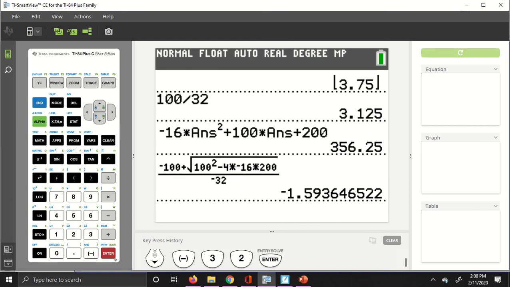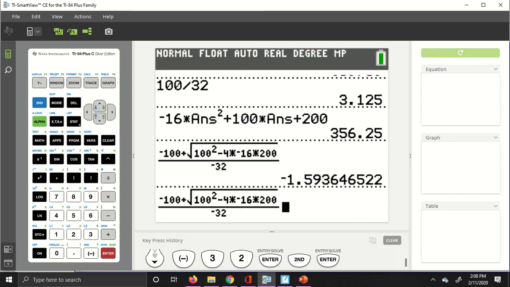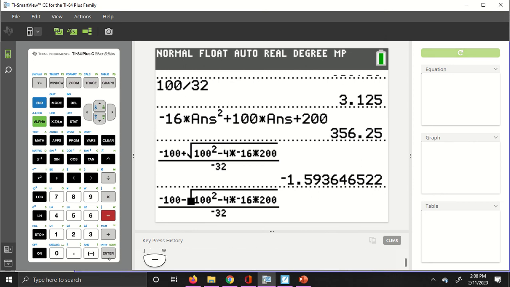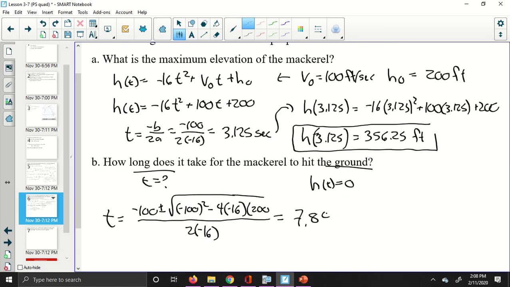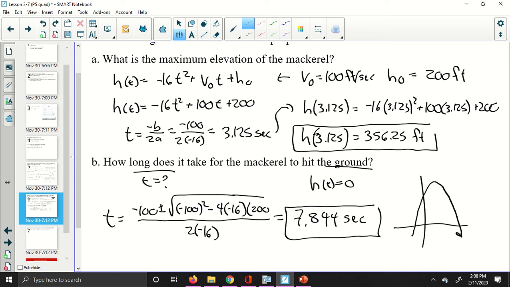When I hit enter, I get a negative second, so this one doesn't count. So I'll go second entry and change that plus to the minus, and that's going to give us the one that we're looking for right there. Hit enter. So 7.844 seconds. And just to be clear, this parabola opens like this, and that negative one doesn't count, so we don't worry about that one.